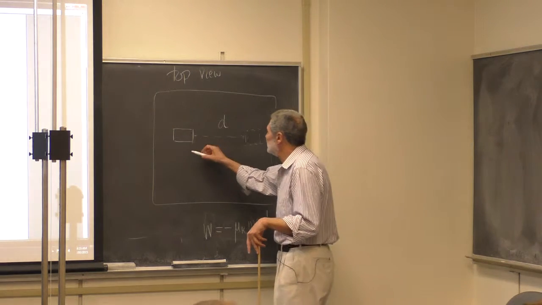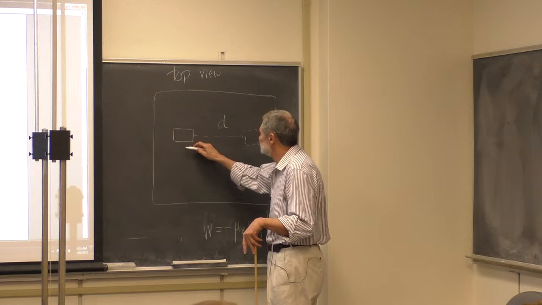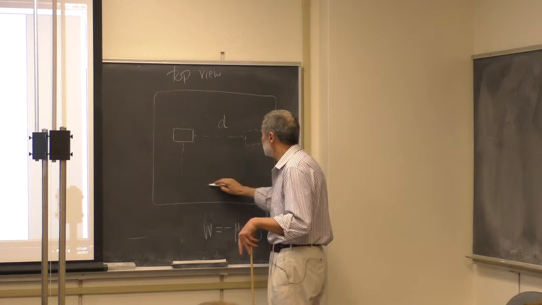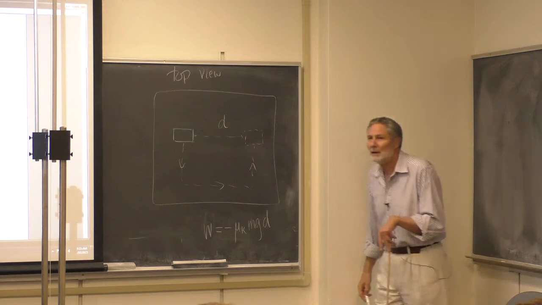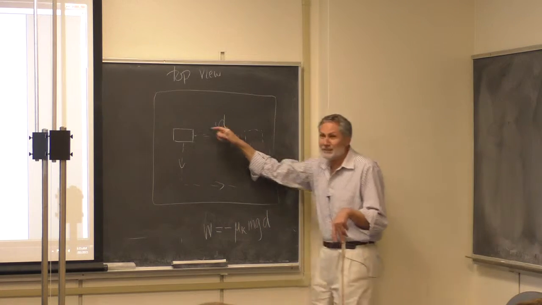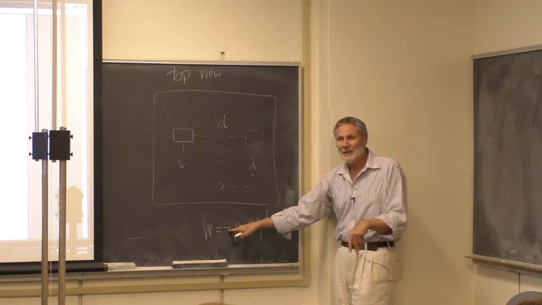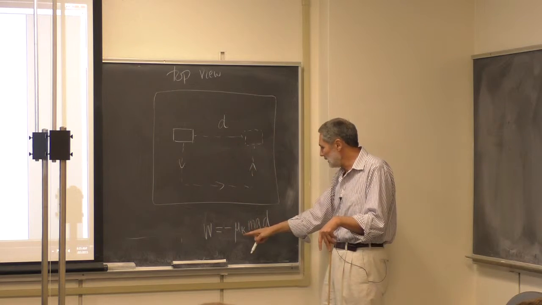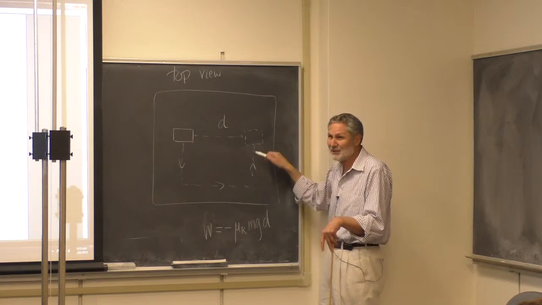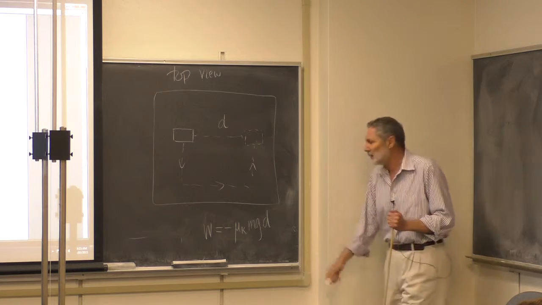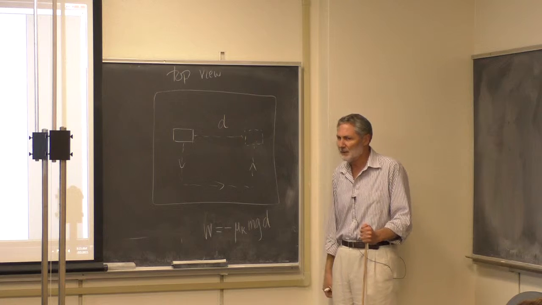What if I move it this way? More friction. It's always against the motion. And now I've got mu k mg times this distance plus that distance, so it's more work. Well, it's more negative.